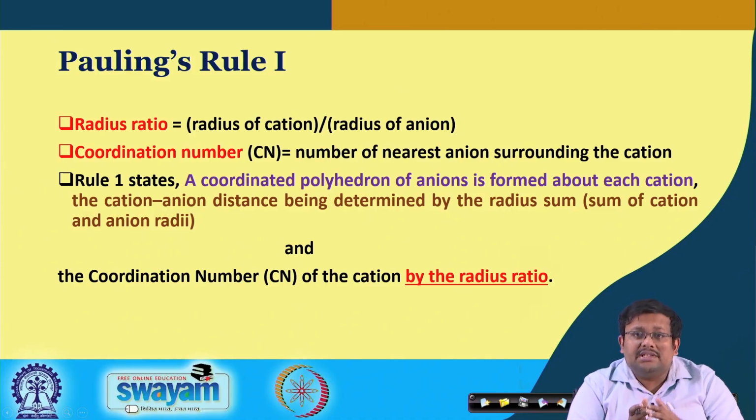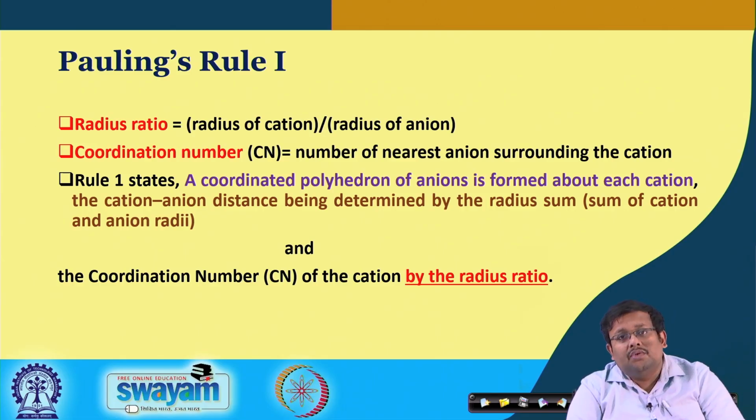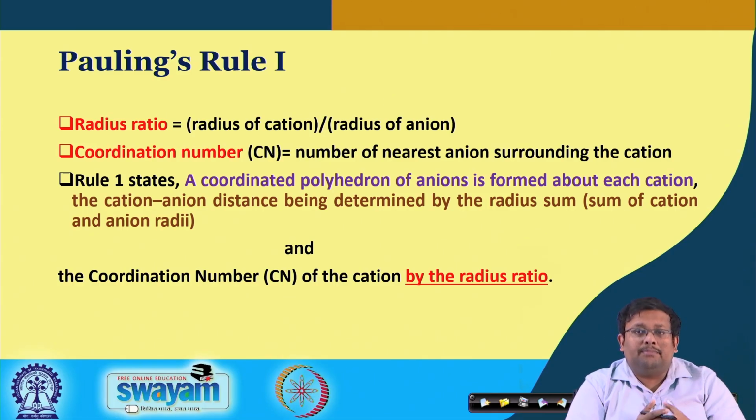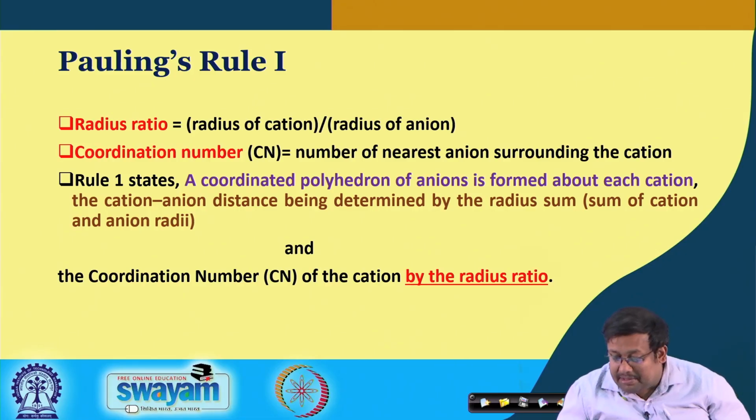There are a couple of rules, let us talk about them one by one. Before learning about Pauling's rules, let us discuss two important things. One is radius ratio, another is coordination number.